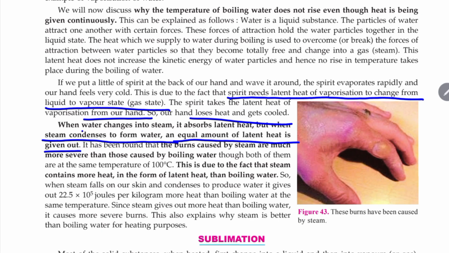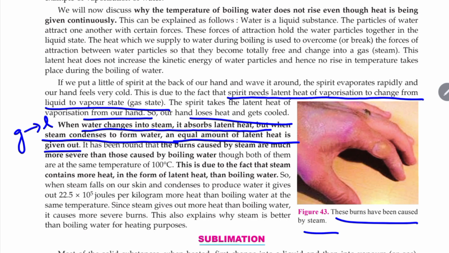So when water changes to steam, it takes the heat. But when the steam returns back to water, that is gas to the liquid form, cooling is required. The amount of heat that it has taken, it gives out, the total amount of heat, for which you get more severe burns from steam than from water.